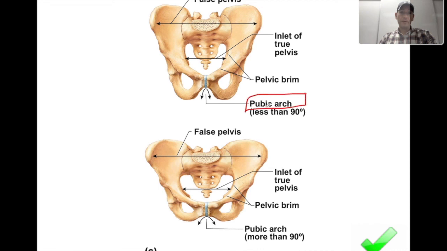If the pubic arch is acute or less than 90 degrees, that would indicate that this is a male pelvis coming from a male person. And if the pubic arch is obtuse or greater than 90 degrees, you have a female. That's one way of telling a male from a female, is looking at the pubic arch.